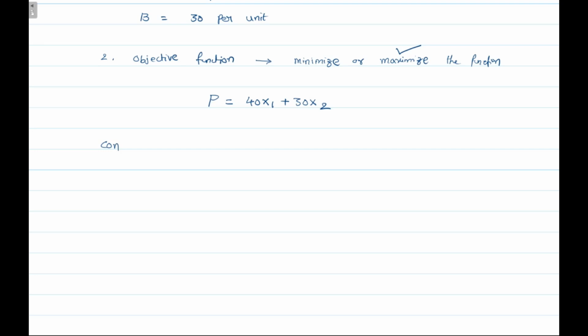Like this, there are limitations. But in unconstrained optimization, there are no limitations. We can take the value of x1 and x2 as any real number, whatever it is. Okay. But here we are focused on constrained optimization, right?